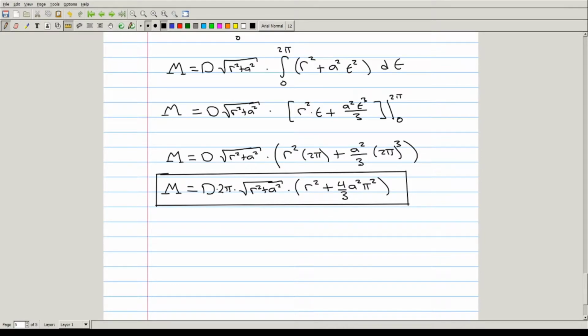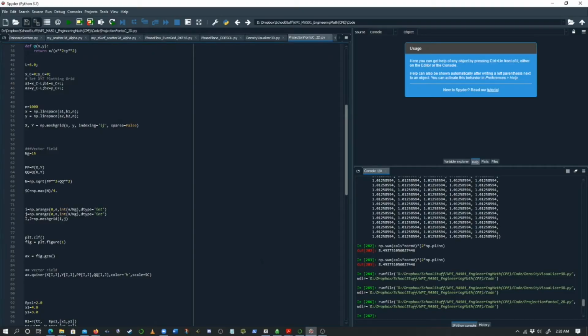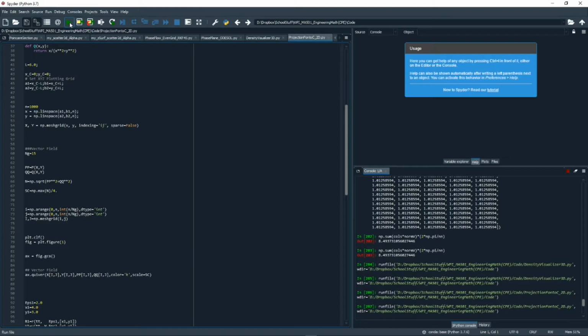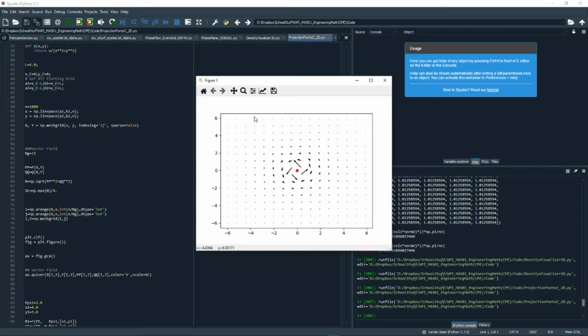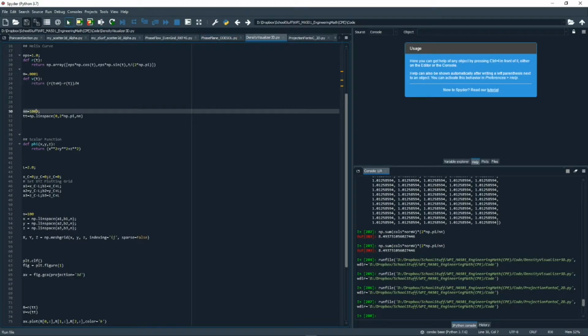But the idea here is we can get a nice picture of this if we open up Python and do a quick plot to see this. So if we open up our Python window and run the code, not this code, that's for a little bit later on.